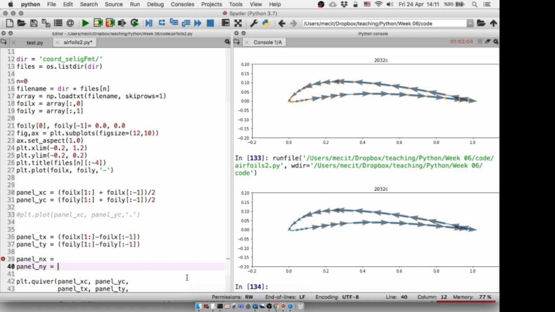Well, if you think about it, the dot product of two vectors is the sum of their components multiplied.